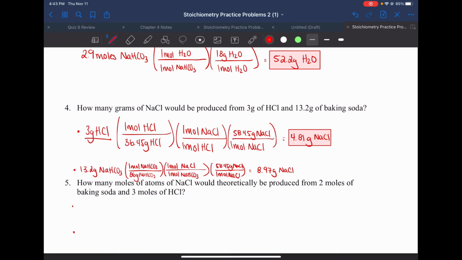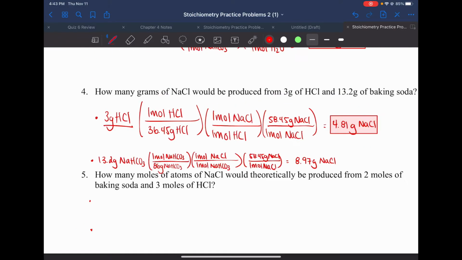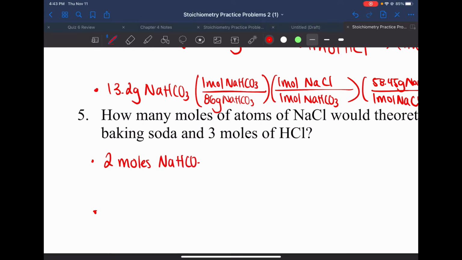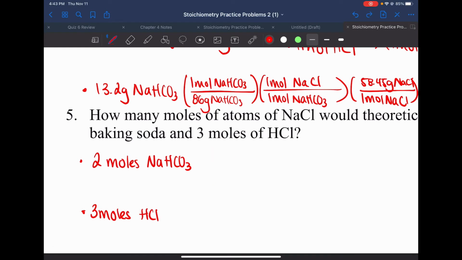Okay, so it's tough conceptually, but it's actually pretty simple mathematically. So I'm going to go ahead and do both. 2 moles of NaHCO3 and 3 moles of HCl. For every 1 mole, oh, we're already on the mole train.